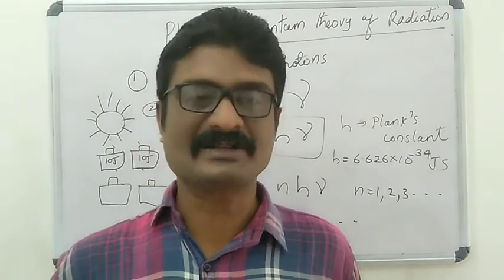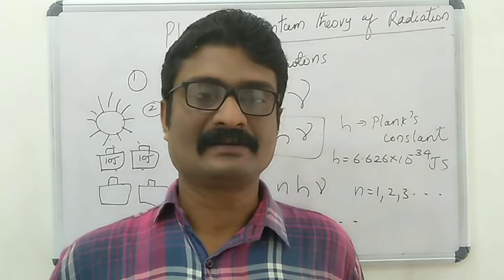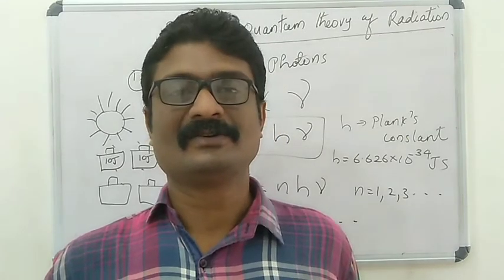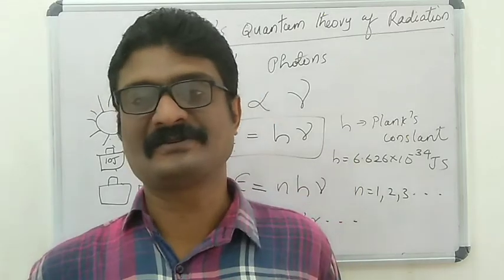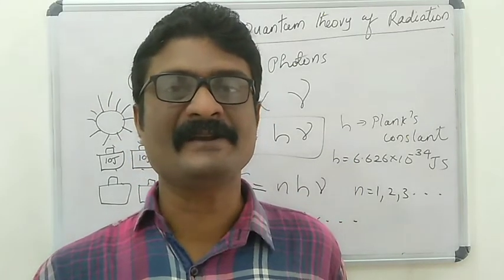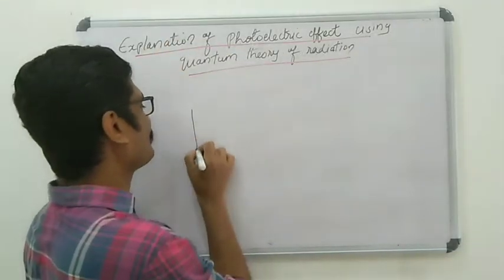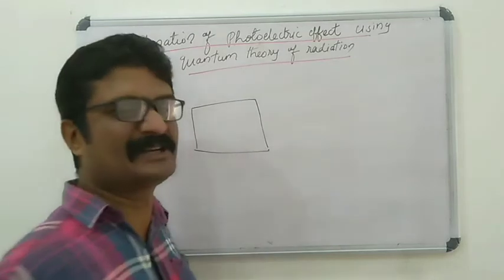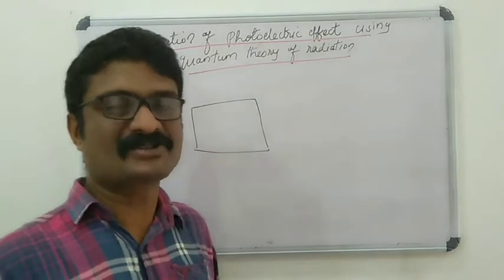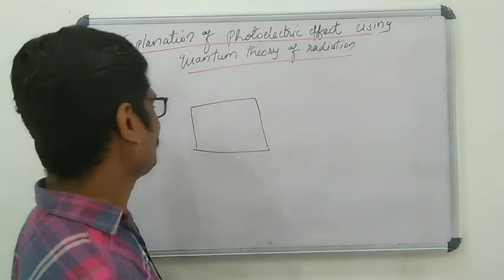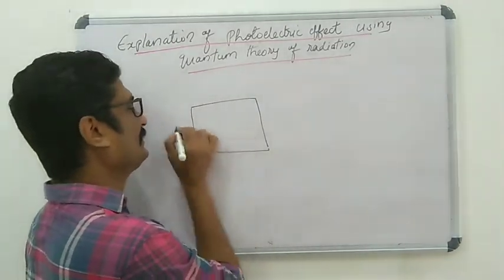Next, I will explain the explanation of photoelectric effect by Planck's quantum theory of radiation. Suppose this is a light metal. This metal may be cesium, potassium, or rubidium.